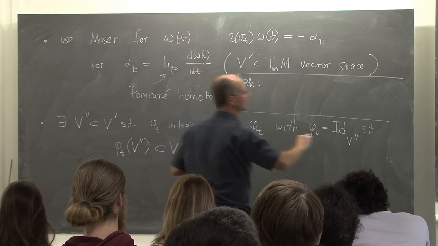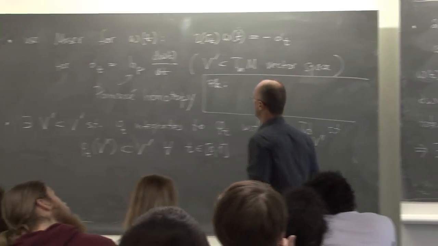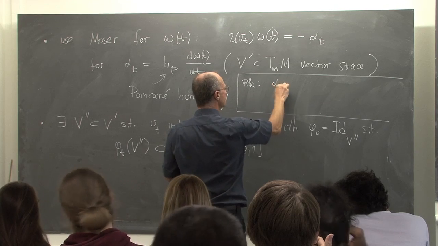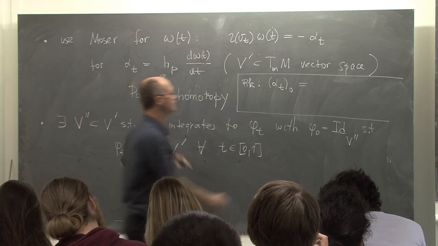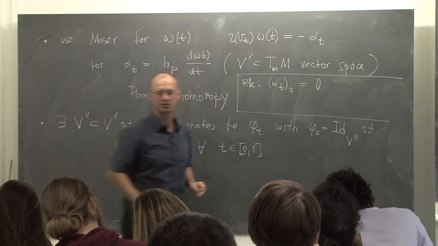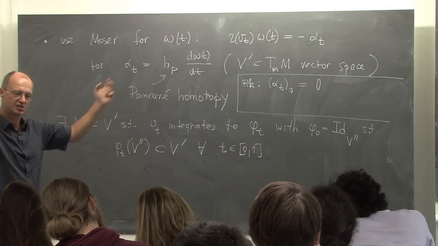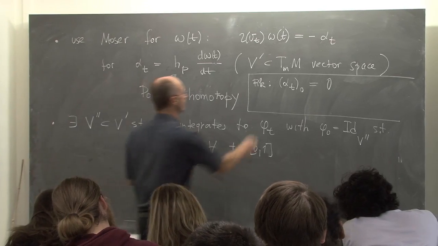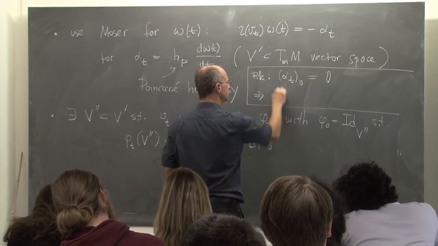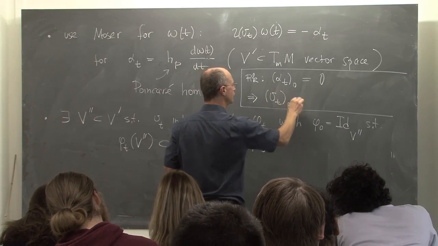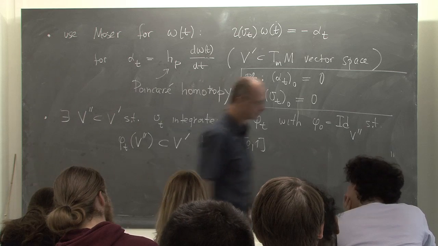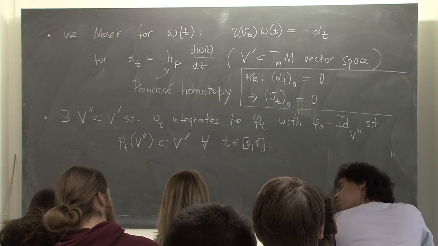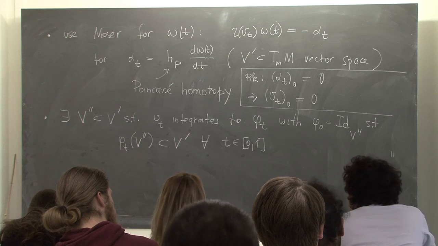So let me make an extra remark. This alpha_t at 0, constructed by the Poincare homotopy, is actually equal to 0, right? Because that's the point to where we contract things. And this implies that V_t at the point 0 is equal to 0. Probably you're right, that we want to use as well.